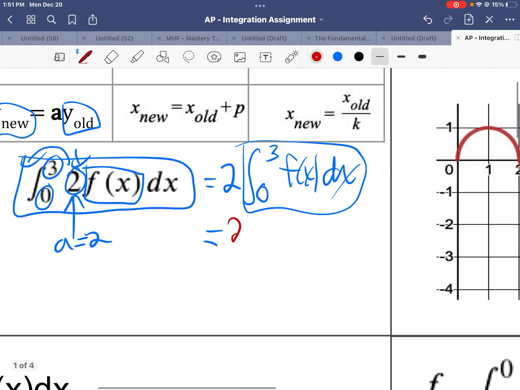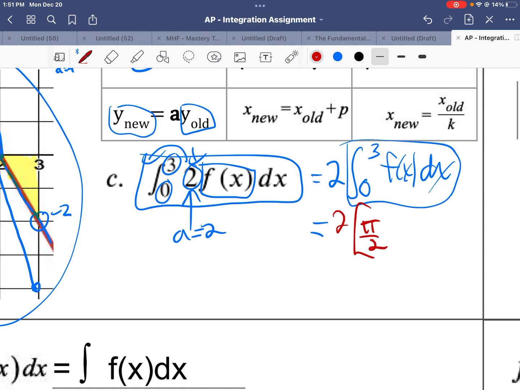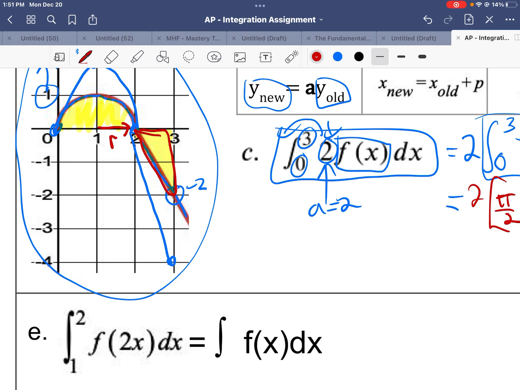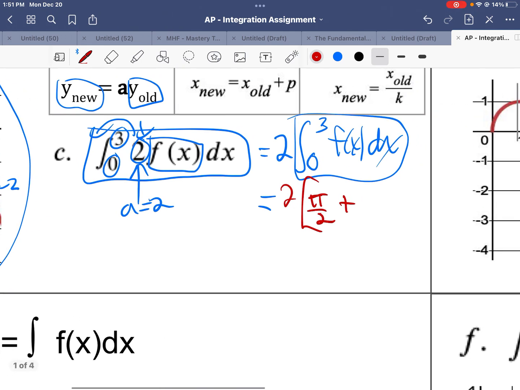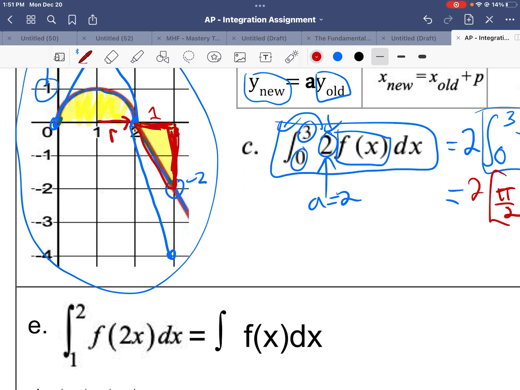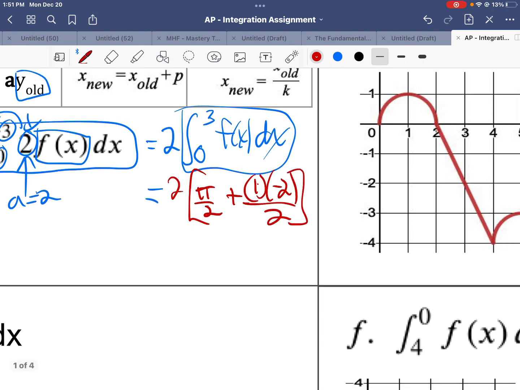So it's going to be 2 multiplied by positive pi r squared over 2, plus this area right here. That area is 2 tall and 1 wide, and it's a triangle. The base is 1, the height is -2, divided by 2.